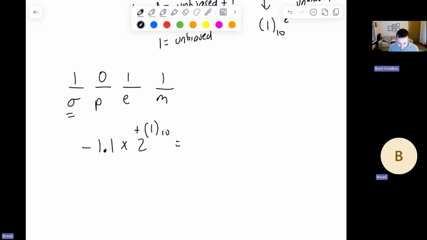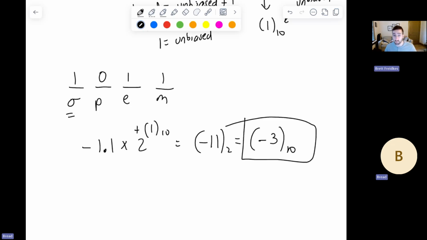We can move the radix point over by 1 spot to get rid of the floating point representation, -1, 1. This is going to be -3 in base 10. And that's the number we were trying to store in that system.